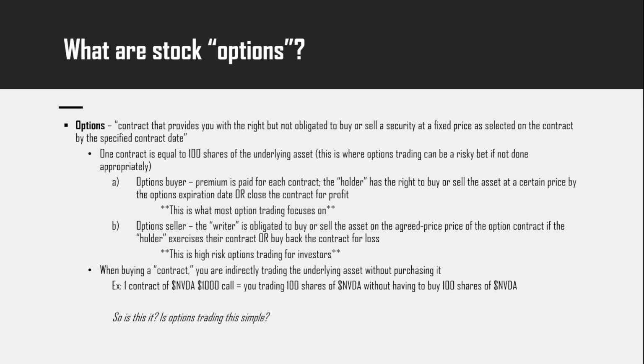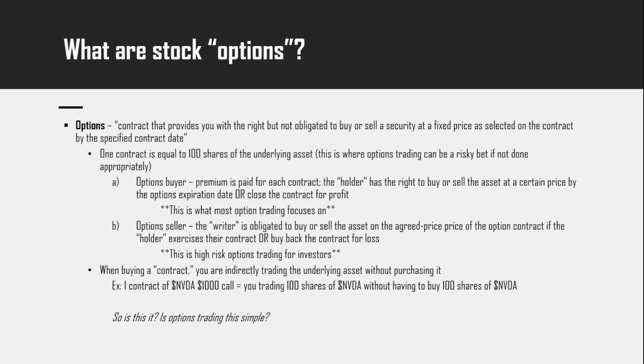I usually don't recommend writing options unless you're really confident and have the capital to cover in case it goes against you. Writing options can force you to either sell your shares if you have them, or buy shares if the contract goes against you. So just keep that in mind.